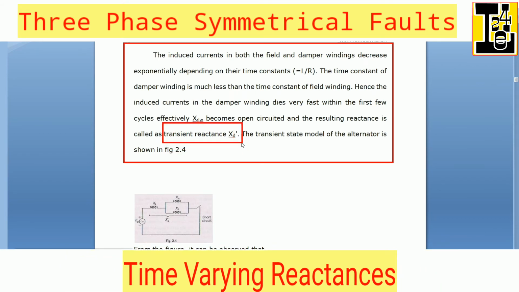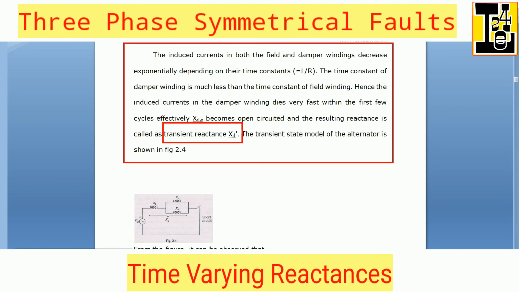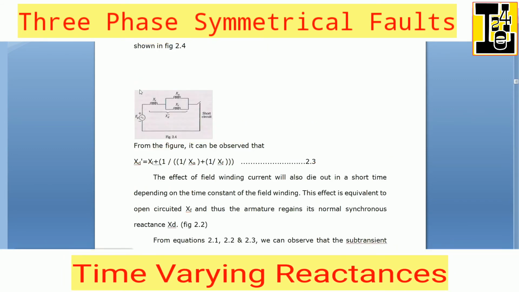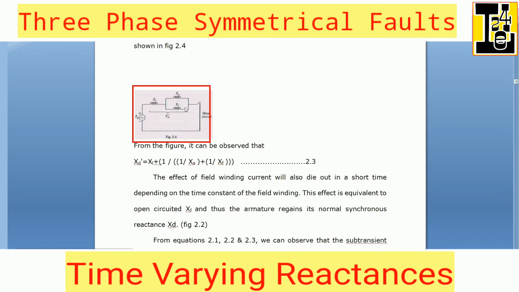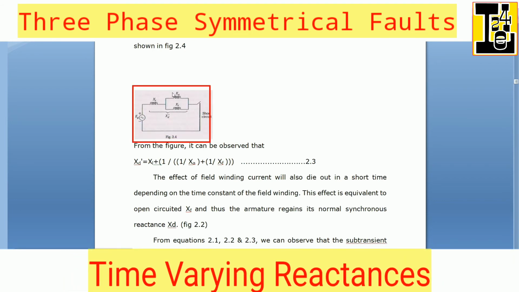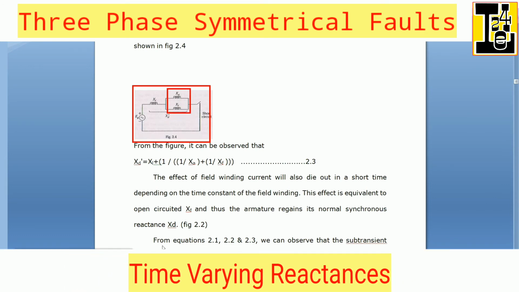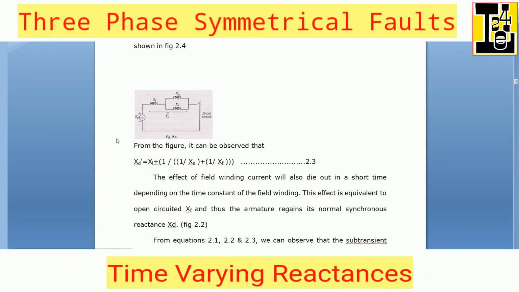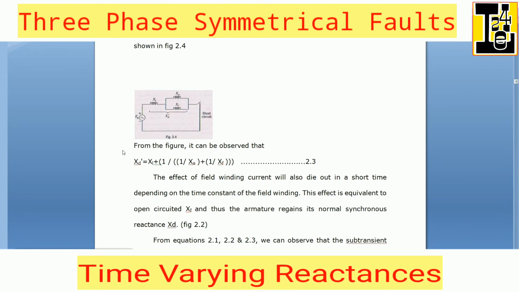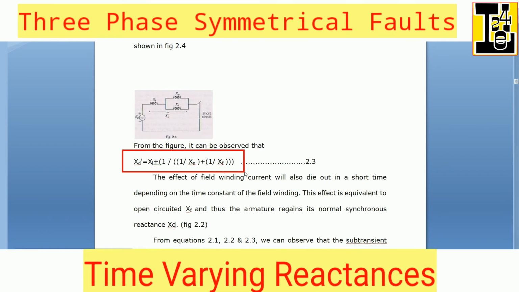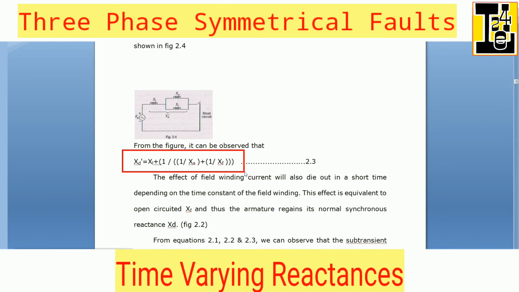The transient state model of the alternator is shown here. So you can observe after XDW gets open circuited, the remaining reactance XF is in parallel with XA. So by this figure we can give the expression for XD dash, that is the transient reactance, like this.